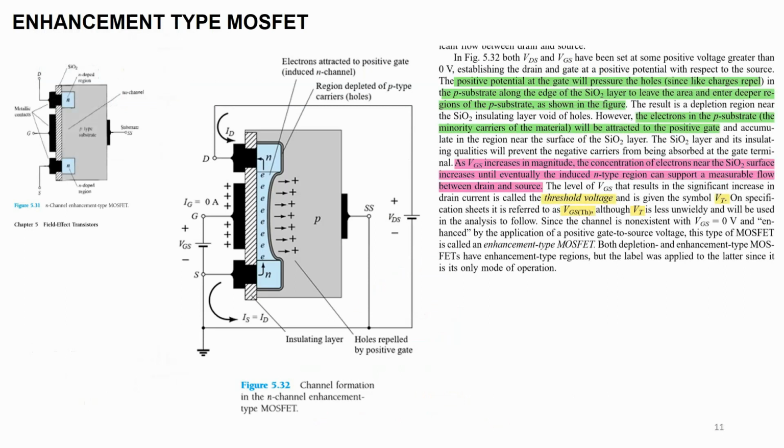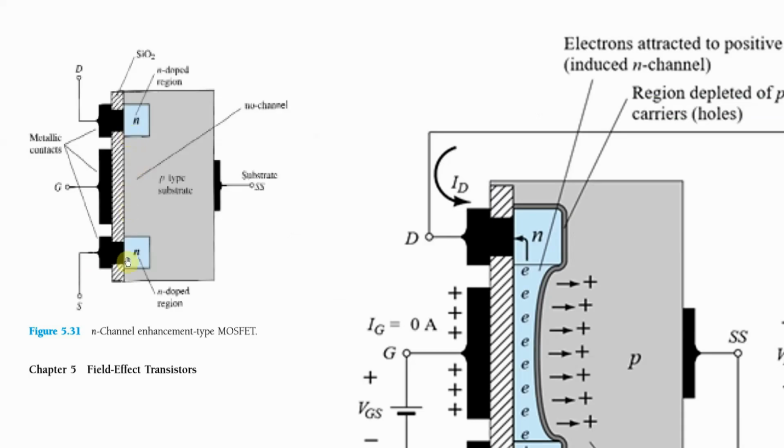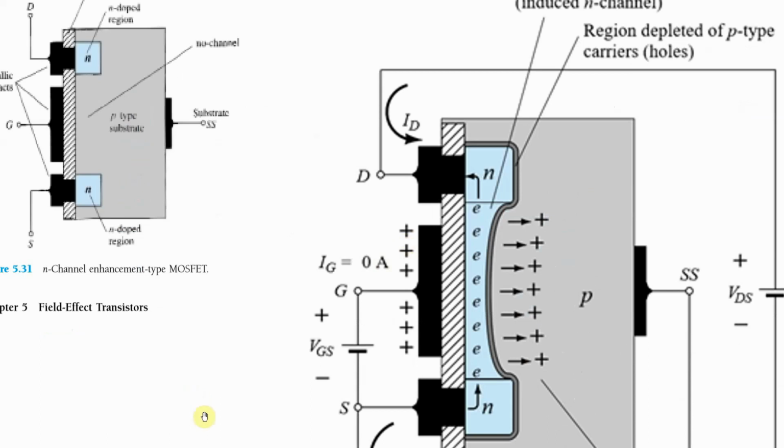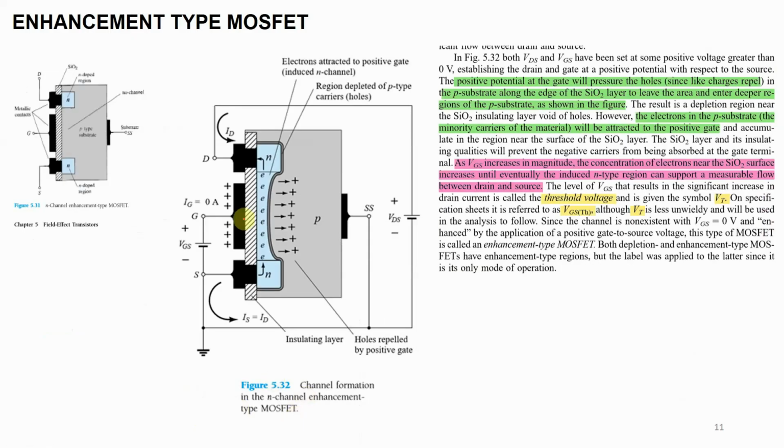Okay, now, enhancement type MOSFET. Look at the construction of enhancement type MOSFET. Here, as you can see, there is no conducting channel, right? There is no conducting channel. Now, what will happen here is that if we put a positive polarity on the gate, this will repel all the positive holes of this substrate.